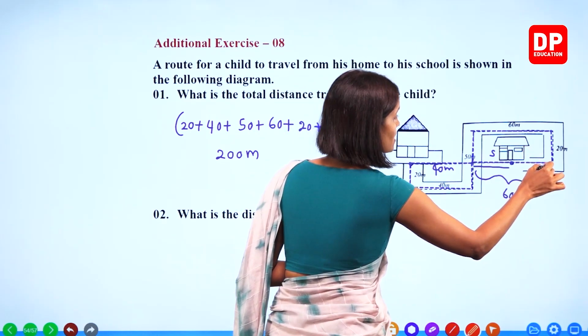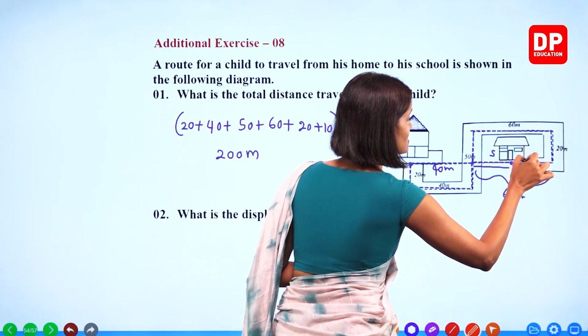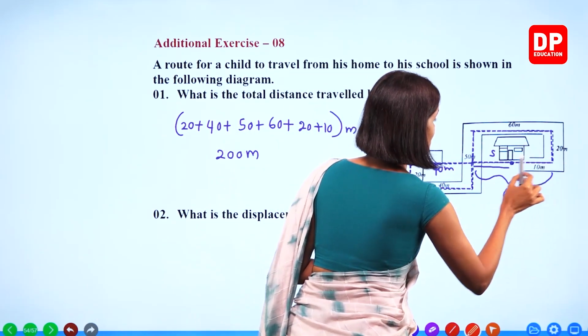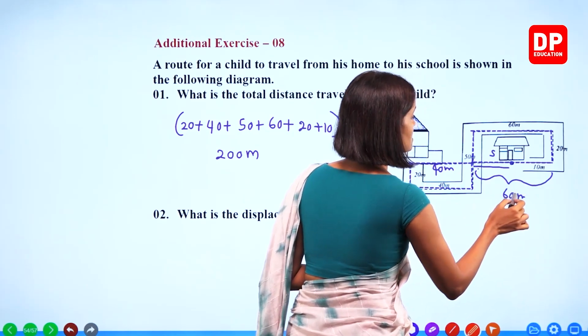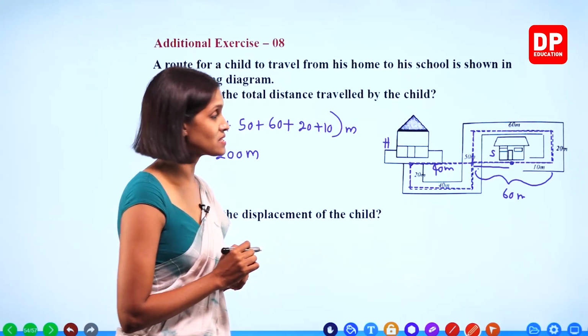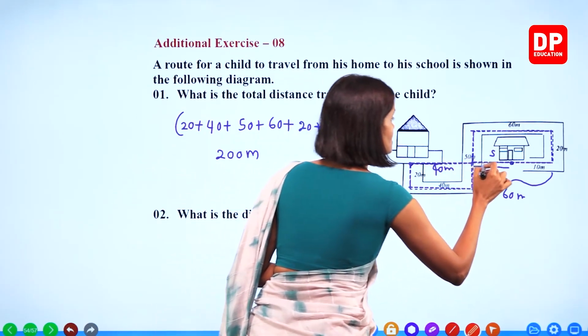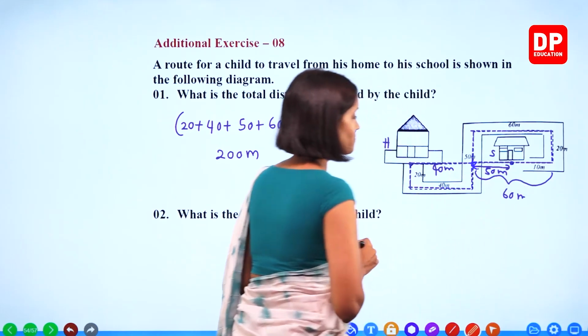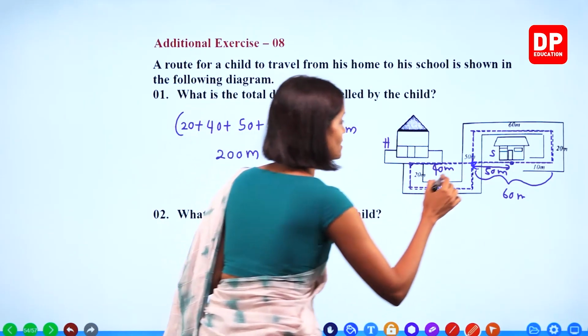Right, so you all can see the distance from here to here is given as 10 meters. Therefore, what is this length? 60 minus 10 means 50 meters, which means this distance is 50 meters. How did we find it?